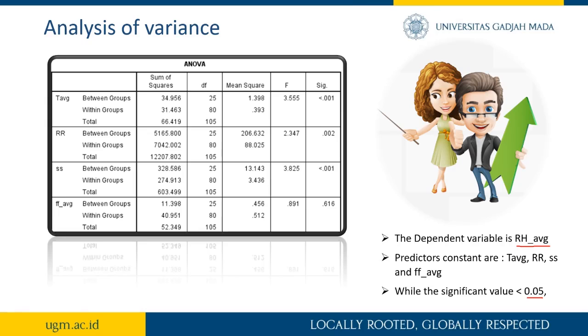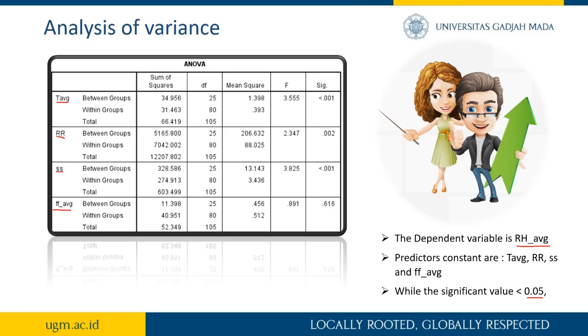And here is the ANOVA explanation for each part: the average temperature, the rainfall, the solar radiation, and the wind.